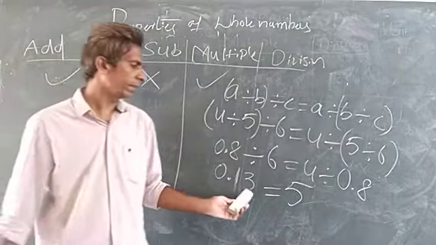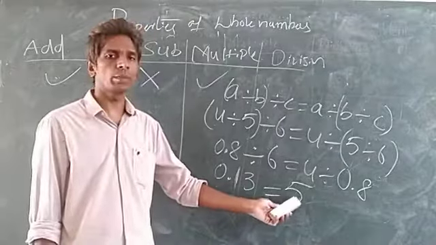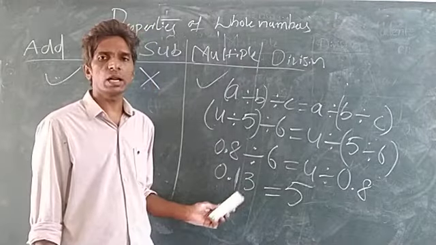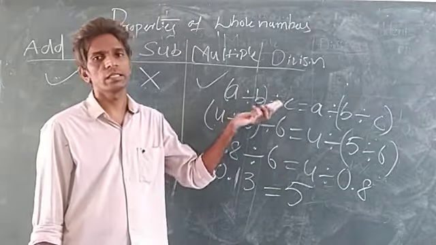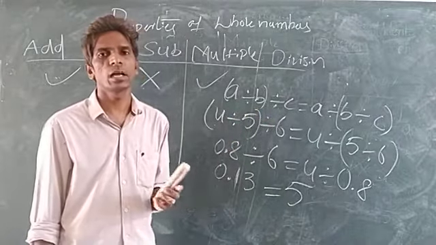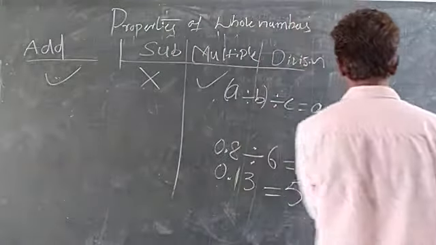So 0.13 is equal to 5? Not equal. 5 is a whole number, and 0.13 is not a whole number. It is a decimal number. So that's why this condition will not be satisfied in the associative law.